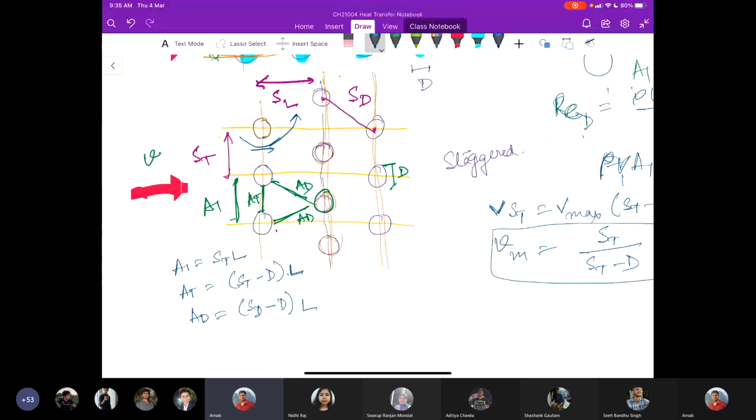Once the flow crosses, it can go in the 2 times AD direction, or through 2 times AD area.